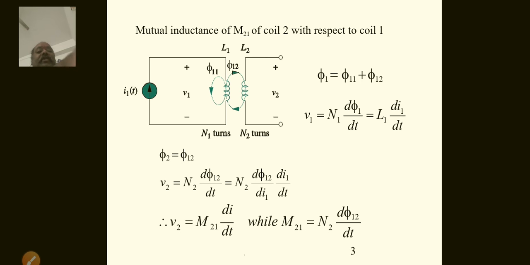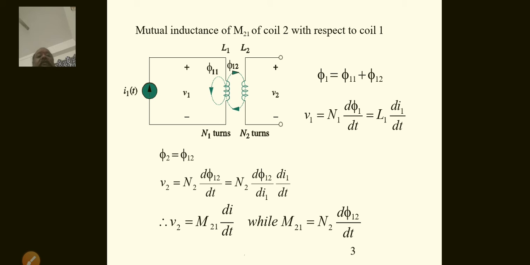V1 is the voltage induced in the first coil, and the voltage induced in the second coil is V2. From the formula, V1 is equal to N1 d phi 1 by dt, which is equal to L1 di1 by dt.